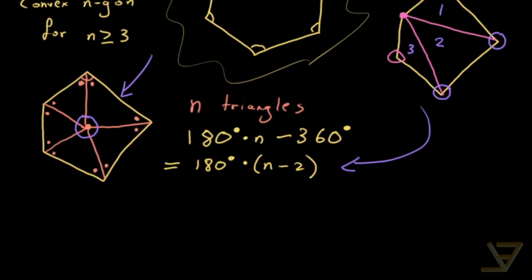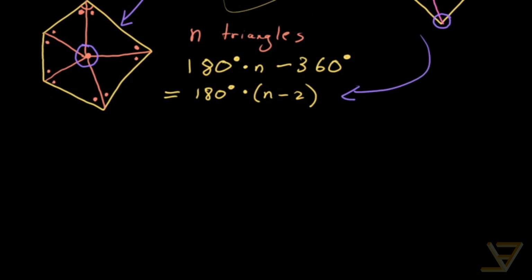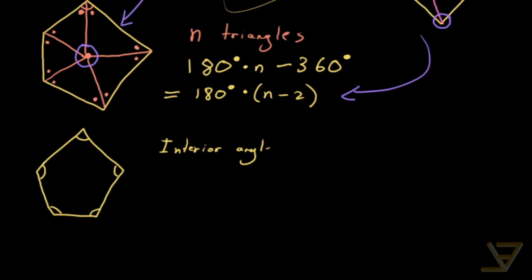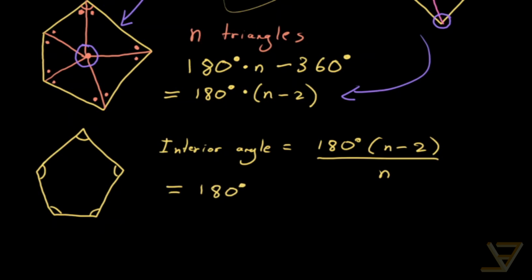I want to leave you with a comment about regular polygons. So let's say we have a regular pentagon. That means the interior angles are all the same. So if the interior angles are all the same, then each one equals 180 degrees times n minus 2 over n, and that equals 180 degrees times 1 minus 2 over n.